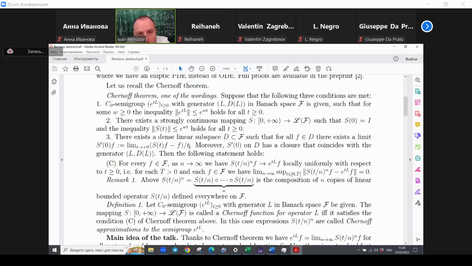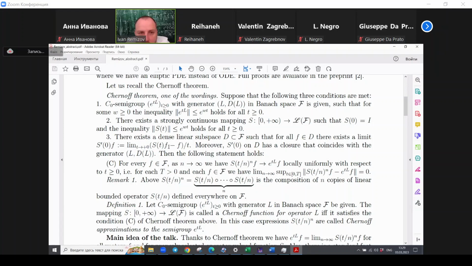So we can define a linear operator which maps F to F with domain D, which is a dense linear subspace in F. And we can ask if this operator is closable. If it is closable and its closure coincides with the generator of the semigroup, then this condition is fulfilled.